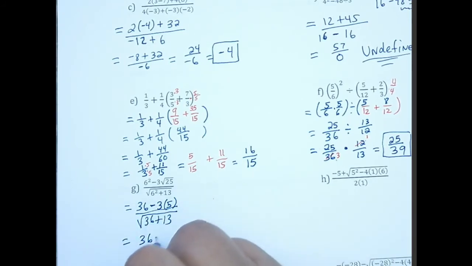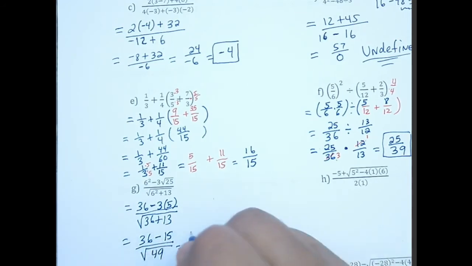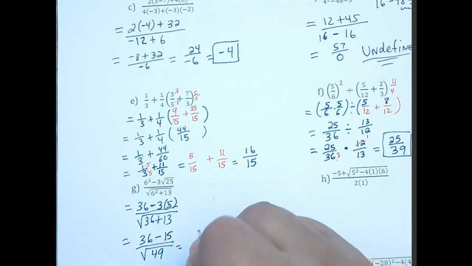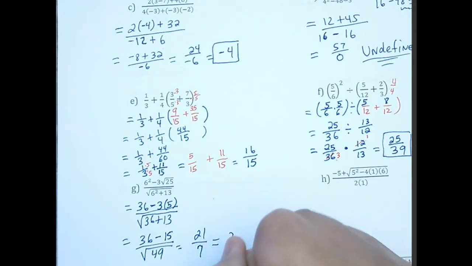Negative 3 times 5 is negative 15. And then the square root of 36 plus 13 is 49. So 36 minus 15, we want to subtract that. And we get 21. And the square root of 49 is 7. 21 divided by 7 is 3.